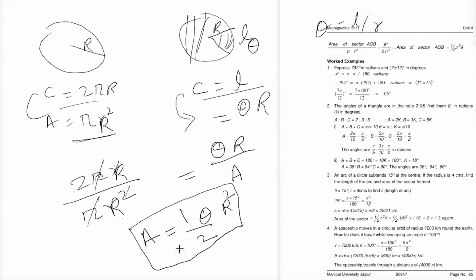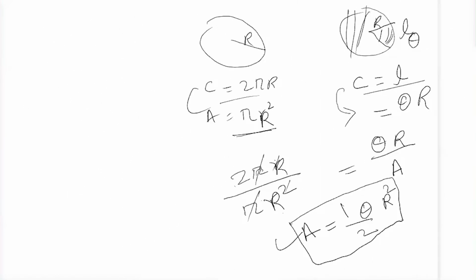Clear? Okay, so this is one formula, and another formula we can use for it is, let's say total area is pi r square.